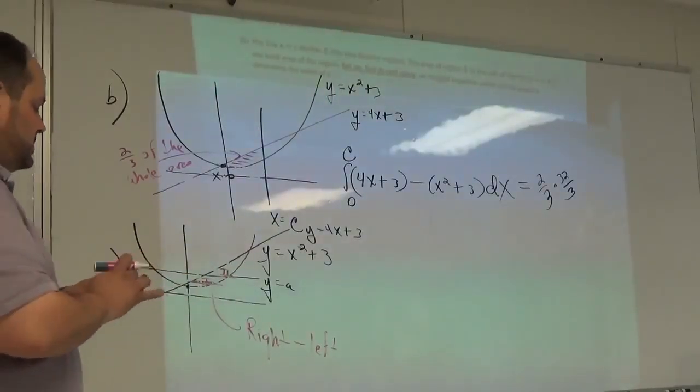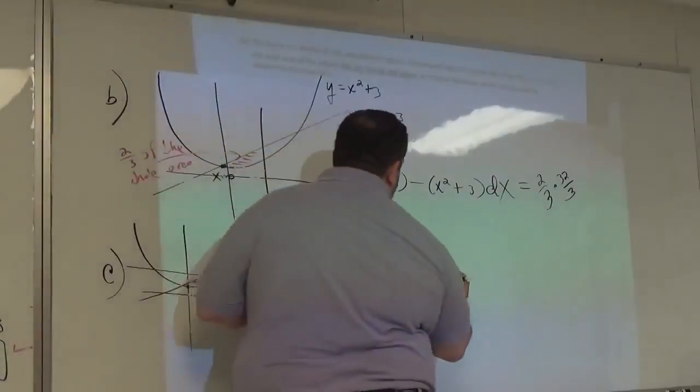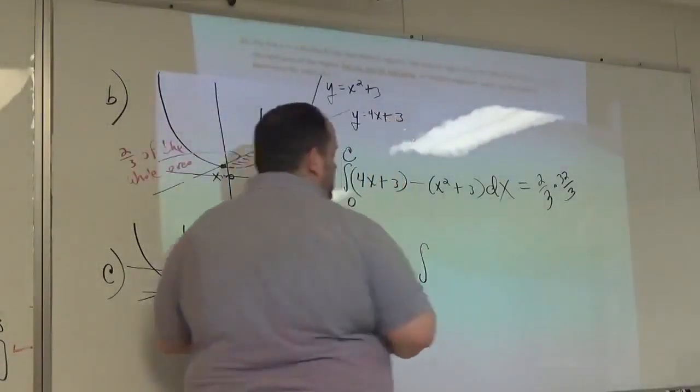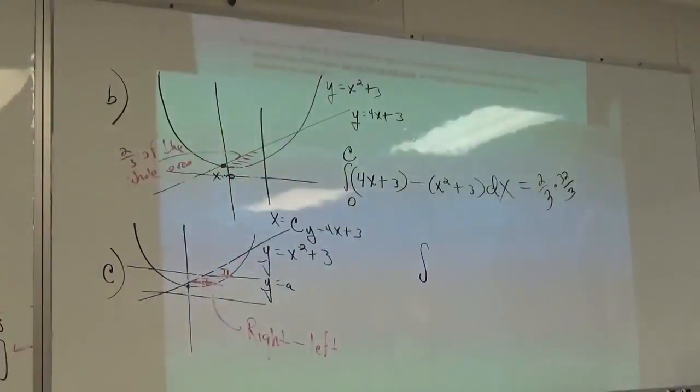Now the problem though is that when you move to this right minus left kind of orientation, a couple of things change in the integral. One really big important thing changes in the integral. If you're doing right minus left, David, what's the thing that changes? Wasn't it that the values change, so instead of using x's, we use y?